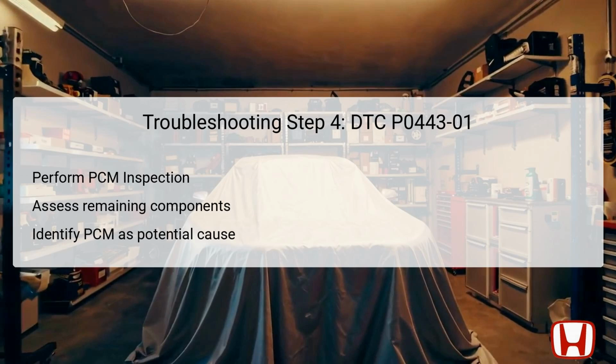After the appropriate preparations, inspect the PCM and its connections for any signs of damage or malfunction. Should all tests indicate normal conditions except for the PCM, it is reasonable to conclude that the PCM has malfunctioned and needs replacement or reprogramming.